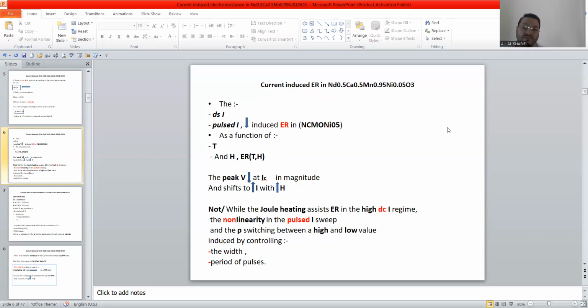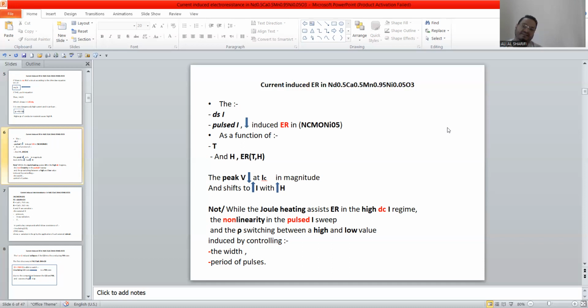Here, pulse current, and here we noted a decrease in the electric resistance in this component as a function of temperature and electric magnetic field. What does that mean? That means here electric resistance is a function of temperature and magnetic field. The peak voltage decreases at threshold current in magnitude and shifts to increased current with high magnetic field.